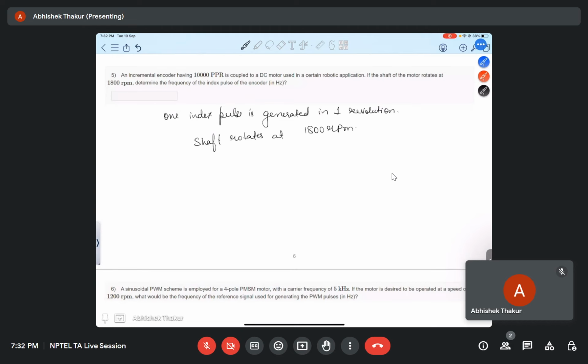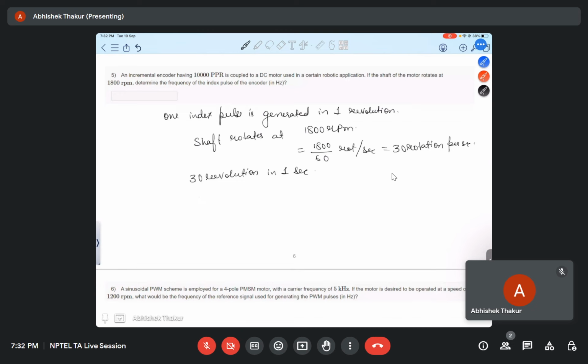This is also equal to 1800 by 60 rotations per second, so this is equal to 30 rotations per second. 30 rotations means 30 revolutions in 1 second.